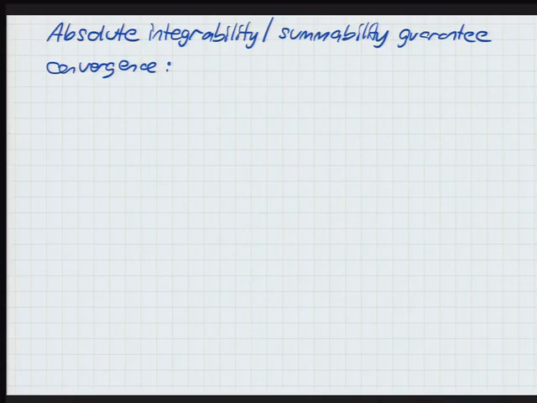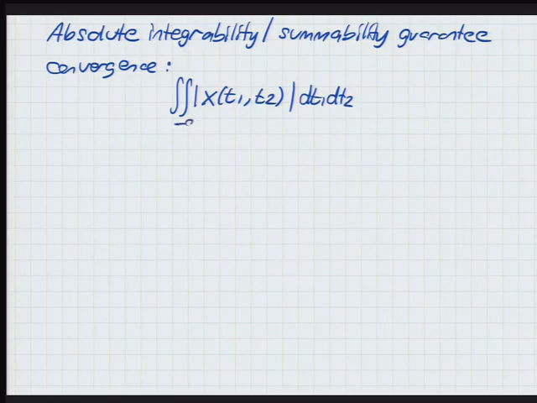So what they mean is, if I have a continuous time signal of two variables, absolute integrability means when I take the absolute value of that and integrate over T1, T2, that is going to converge.